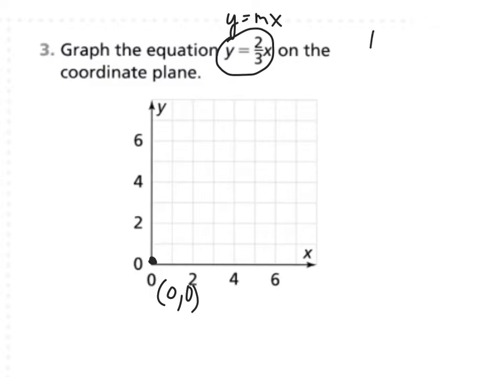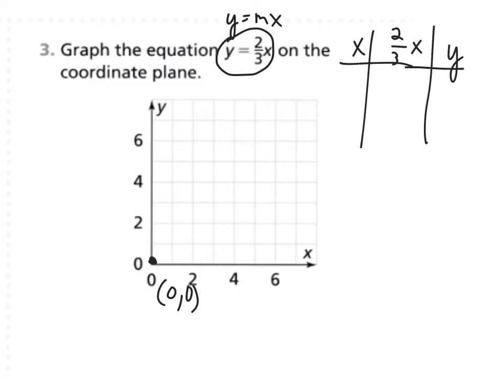One option is we can make a table. If you want to do a column in the middle to work this out, you can. If I put in a 0 for x, 2/3 times 0 is 0. That one we already knew, 0, 0. Now I'd like to find something else.